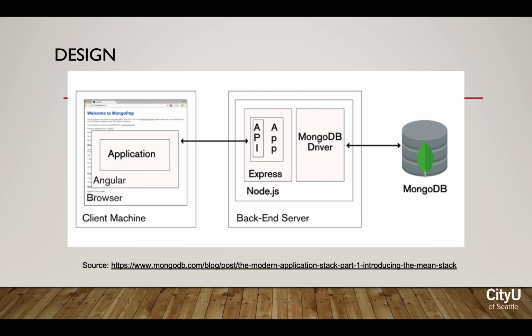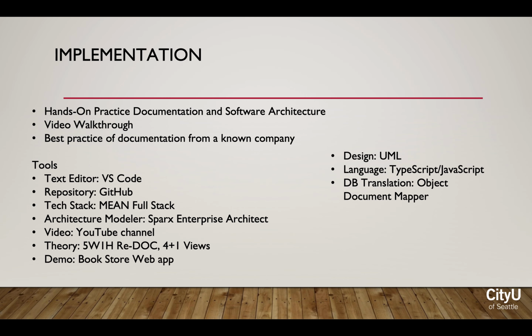So for implementation, again, we want to use this. We want to make this research useful. So one of the immediate targets, we are going to dog food this. When we say dog food, you do something and you try to consume it on your own to see if it's good or not. So you try to create documentation and software architecture for our hands-on practice 1 to 10. Let's say for hands-on practice 1, we just show Node.js and show what it is all about and go deeper on Node.js.